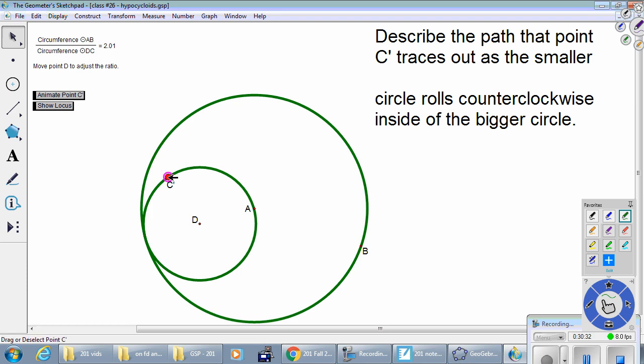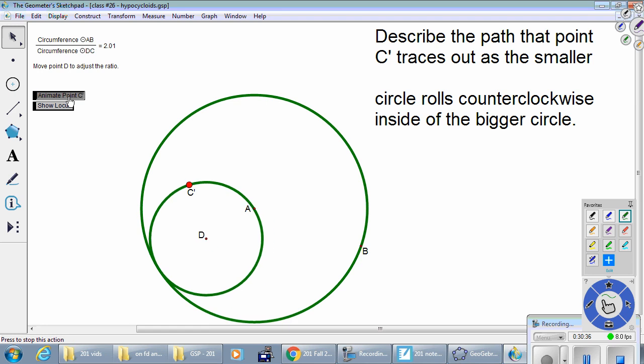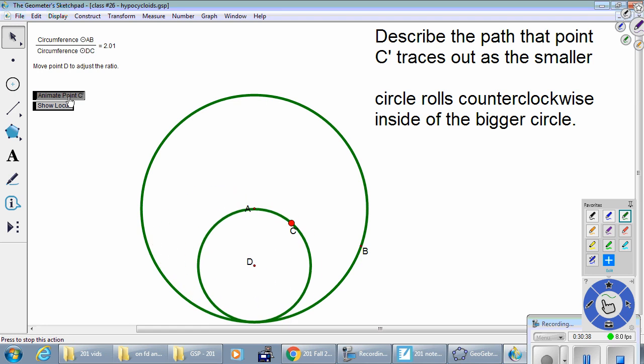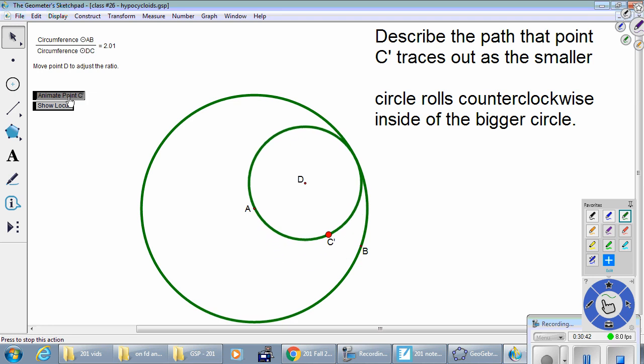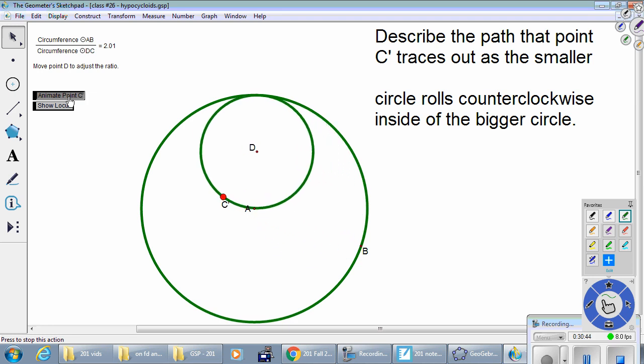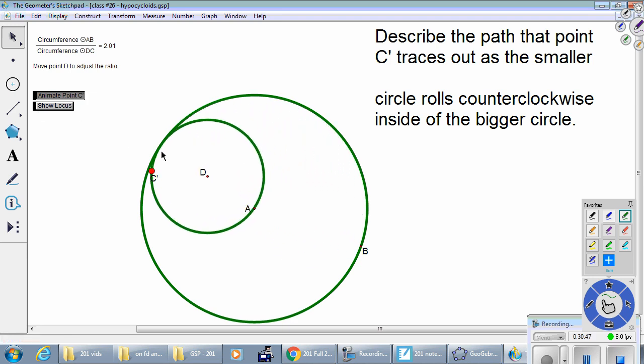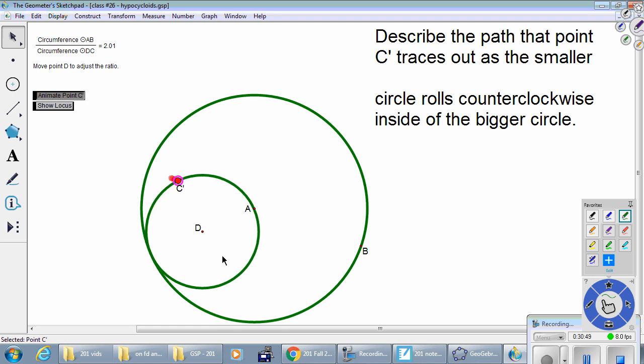I'm not going to trace it. I'm going to turn off the trace first, and I'm just going to let it play. And so we've got the smaller circle rotating around in the bigger circle. And it's going to make 2 complete rotations before it gets right back to where it started. And now we're going to start tracing.